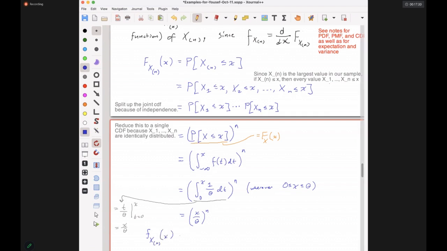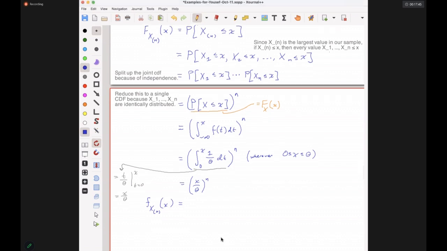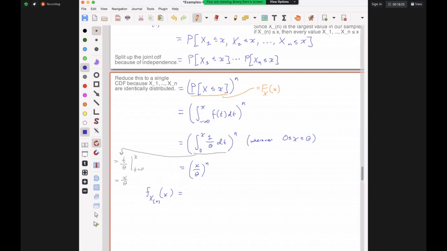How do we get that from the CDF? Okay, so we're going to differentiate the CDF. Remember that to go from a CDF to a density, we differentiate. When we went from a density to a CDF, we integrated.